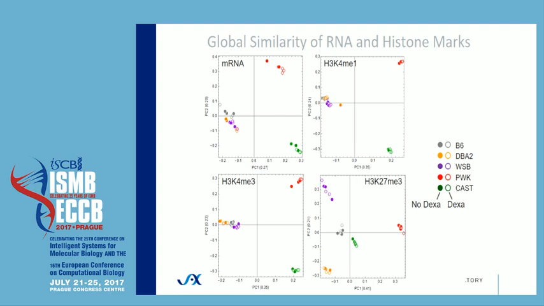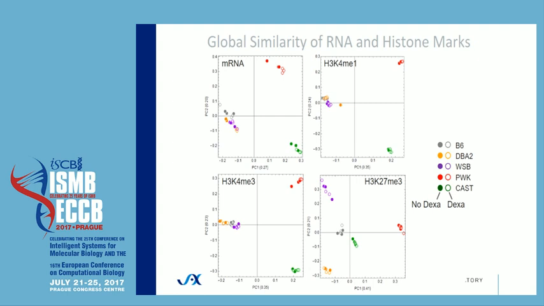The other thing you'll notice is that the separation really is genetic here, and that within these clusters you can see the treated and untreated in every case, which is to say that the genetic variation is driving far more variation in all of these assays than what is really a very strong perturbation of the liver with a steroid. Okay. And you actually have to get to principal component 5 before you see a clear, consistent separation between treated and untreated strains.